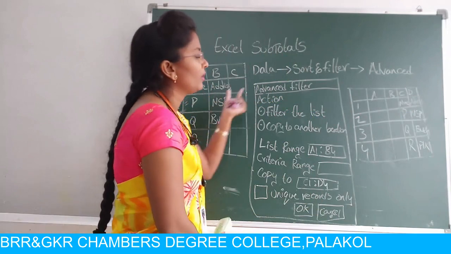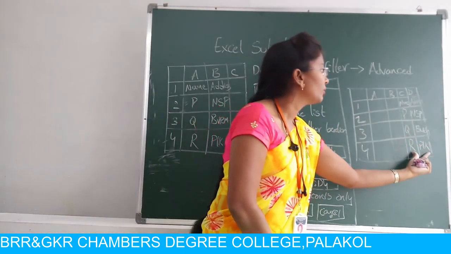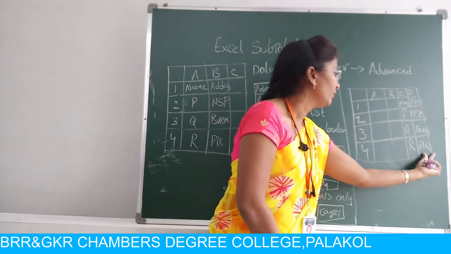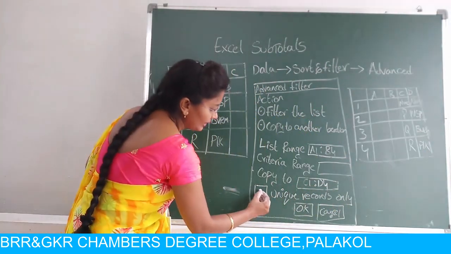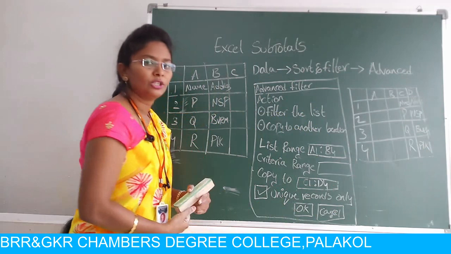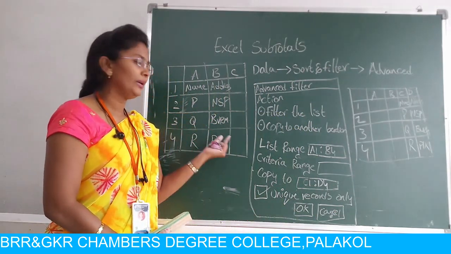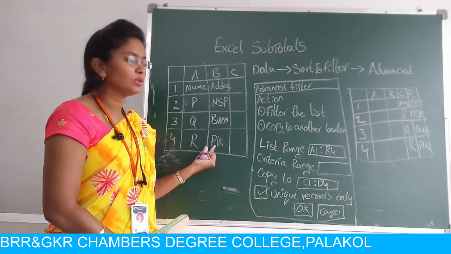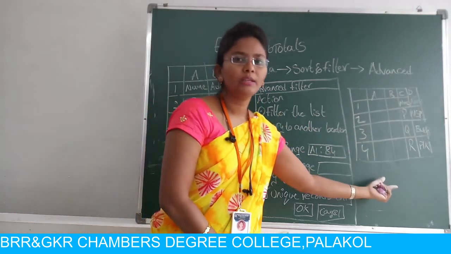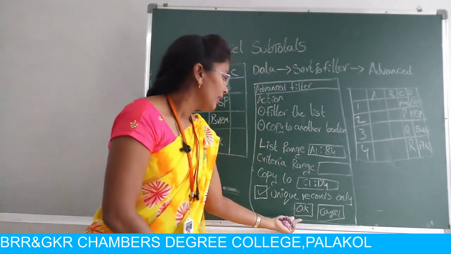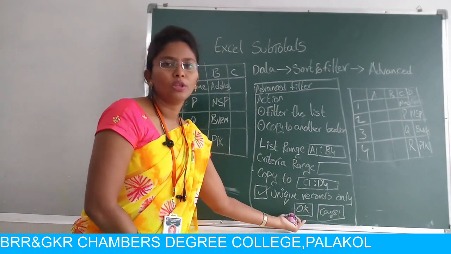The same data will be copied and pasted over C1 to D4. This is the way to copy. And if you want only unique records, check this box. Then the repeated and duplicated values will be deleted and the unique records will be displayed in the next sheet. And at last click on the OK button.